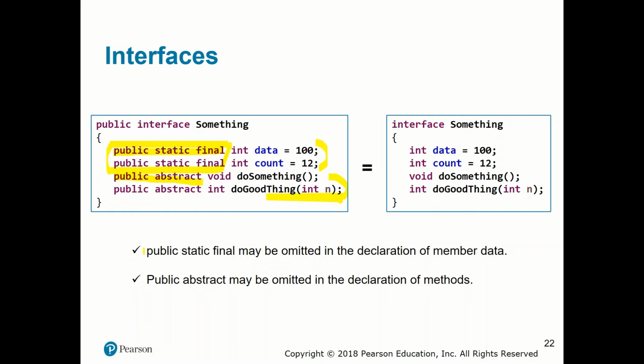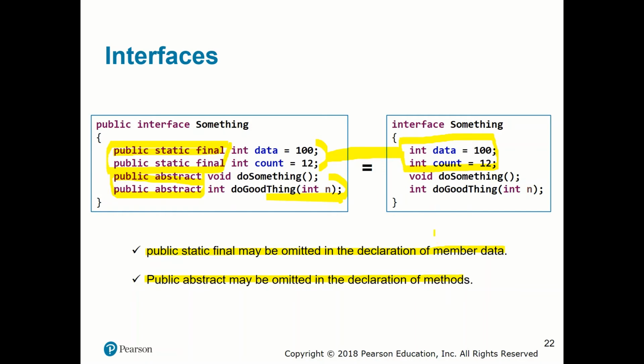Because all of the data members must be declared public static final, we can omit these keywords. Public static final can be omitted in the declaration of member data. So we can write just like this. These two are the same. And likewise, the methods in the interface are declared public abstract, so public abstract may be omitted in the declaration of methods.